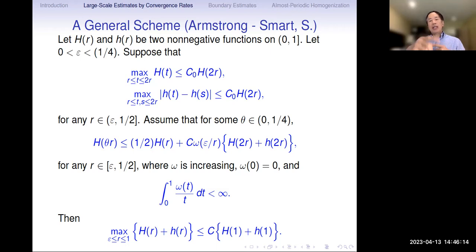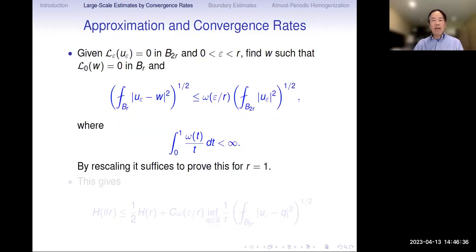So this general scheme is tailor-made for what we're trying to prove. But once you have this done, we were able to carry out the scheme in different settings. All right, so let me just say, how do we carry this out for the interior estimate?